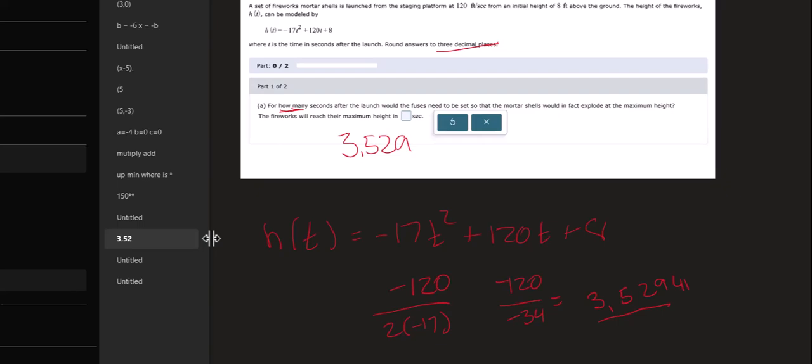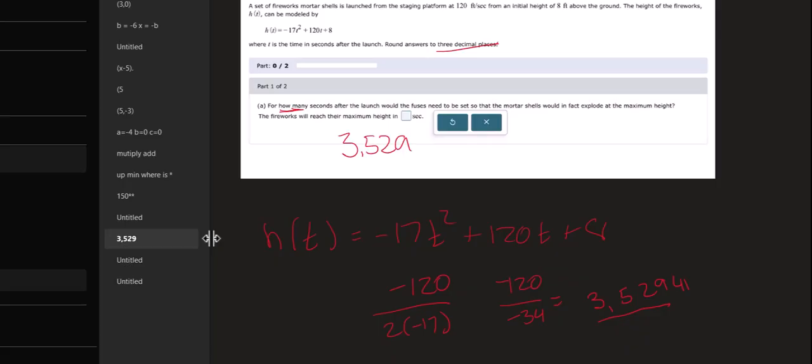If it wanted to know what is the maximum height, I'd plug this in for t. It says this is part 1 of 2, so I'm wondering if part 2 was to actually find the maximum height, and if it was, you'd have to plug this in.